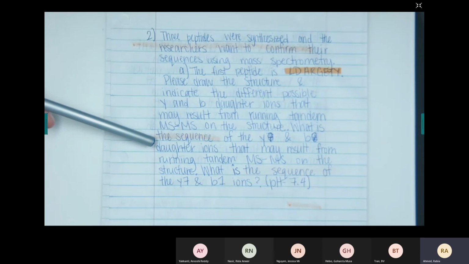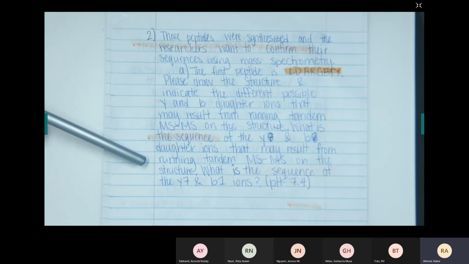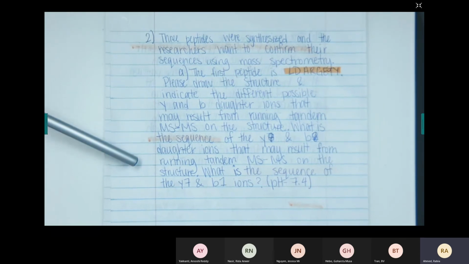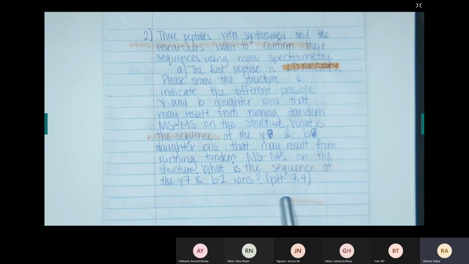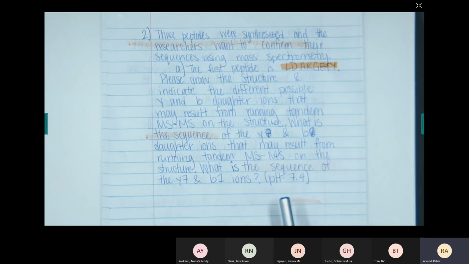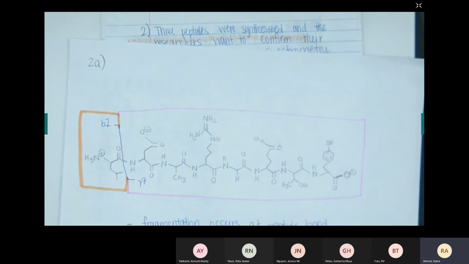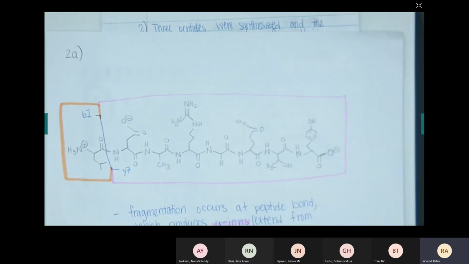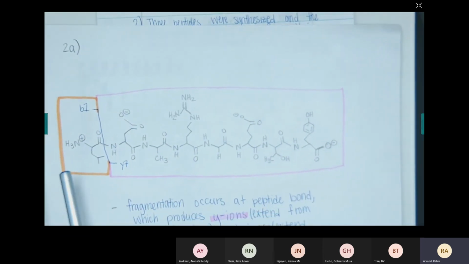What is the sequence of the Y7 and B1 ions when the pH is 7.4? Okay, so this is where you have to draw a peptide structure, like we did last time in problem set 1. You remember we did it in problem 7, I guess.